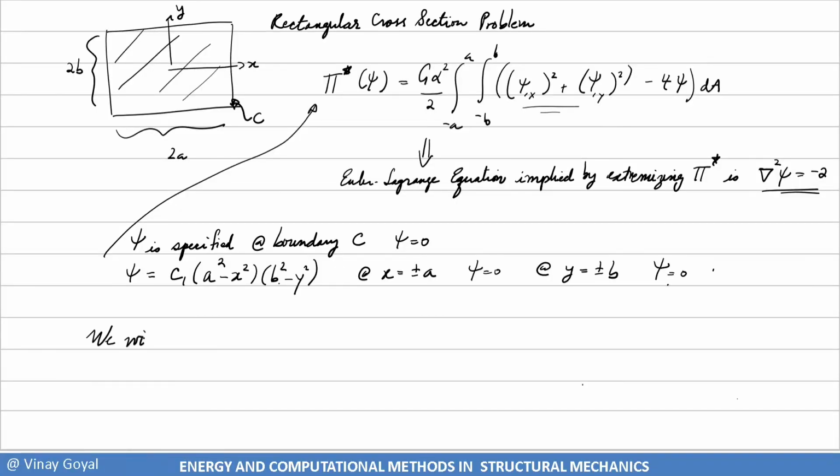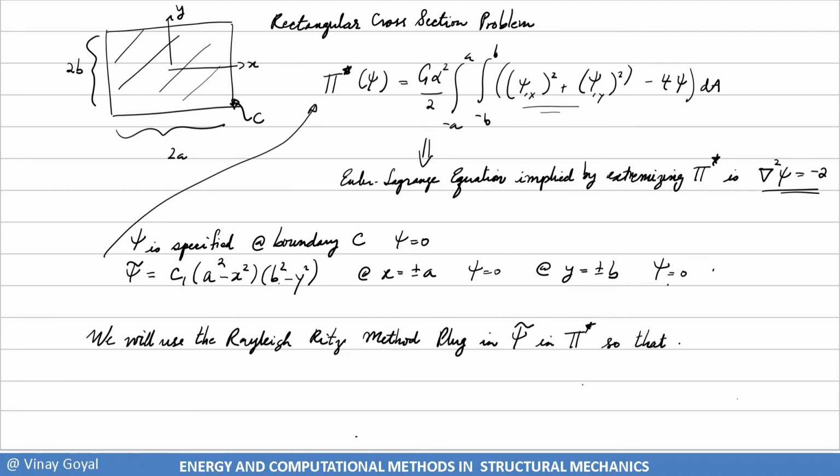We will use the Ritz method. Plug psi into pi star, and let me make it approximate, so that now all we have to do is take the partial of pi star with respect to the constant C1 and set that equal to 0.